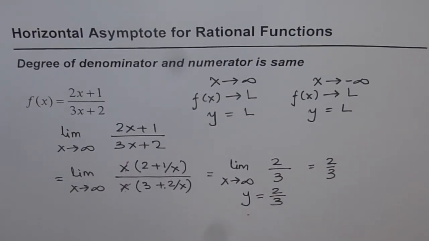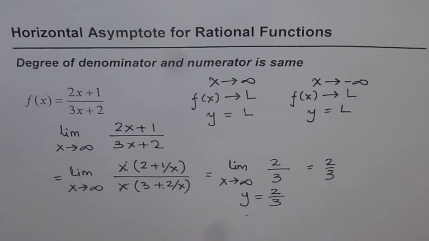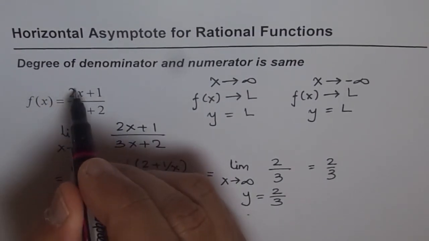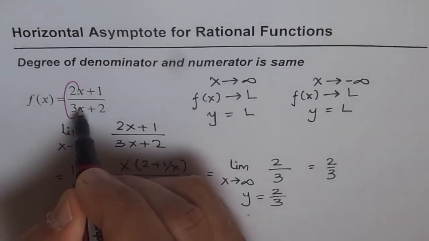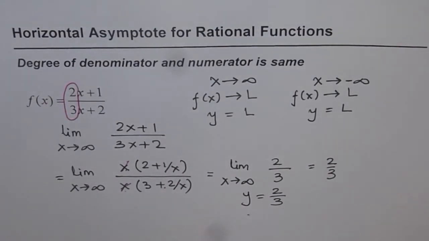So that is how we get the equation of the horizontal asymptote. You will notice in this case that you will always get the answer as the ratio of leading coefficients, 2/3. So the ratio of leading coefficients is the equation of horizontal asymptote when the degree of denominator and numerator is exactly the same. So this you can generalize.